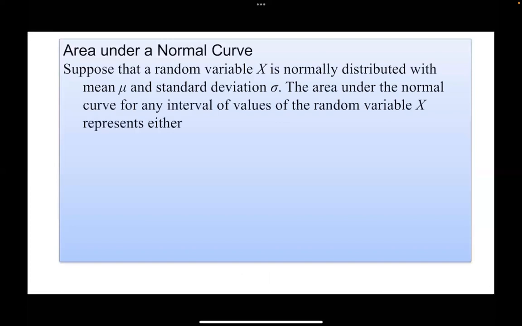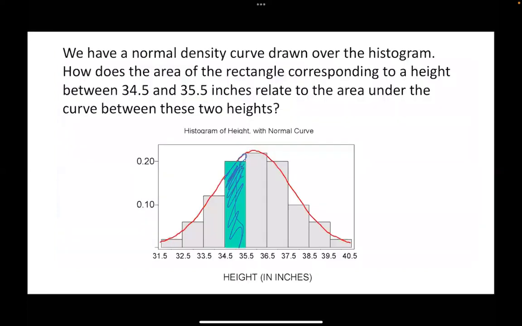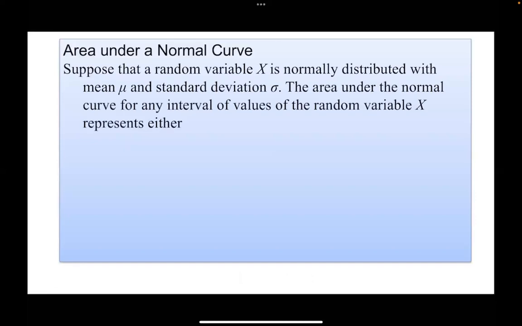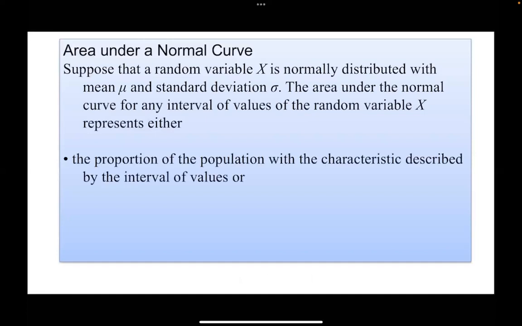So this is pretty much exactly what I just said. If I take the area under the curve, so if I take the area between two values, like, as I said, back here, between 34.5 and 35.5, there are two different things that it can tell me depending on the question that's being asked. The first one is the proportion of the population with a certain characteristic.